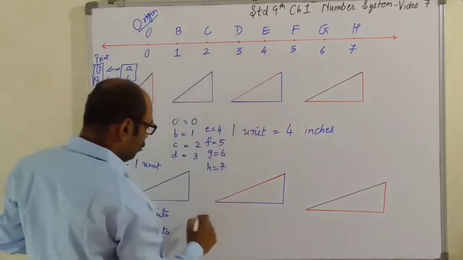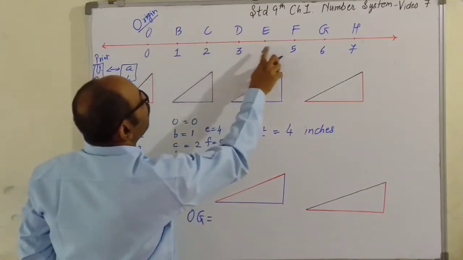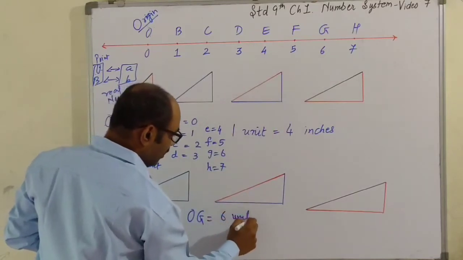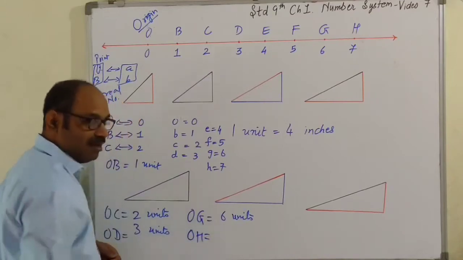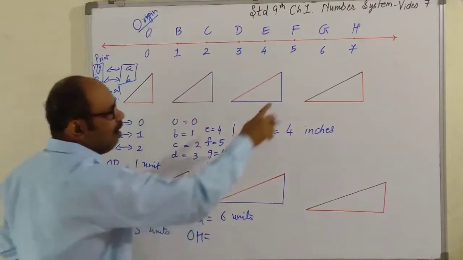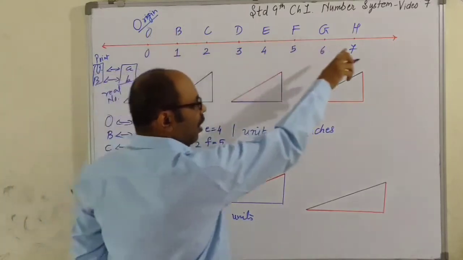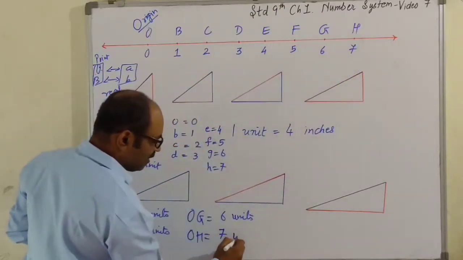Like that, what is OG equal to? 1, 2, 3, 4, 5, 6 units. 6 units. And what is OH equal to? Can you say directly without measuring? Yeah. 0 corresponds to O and H corresponds to 7. So OH will be 7 units.